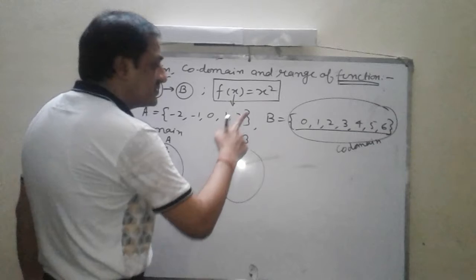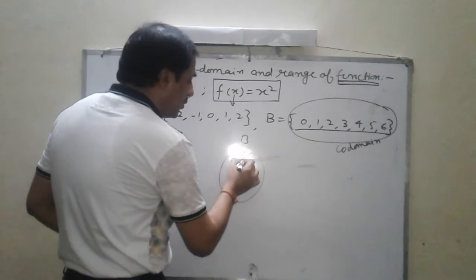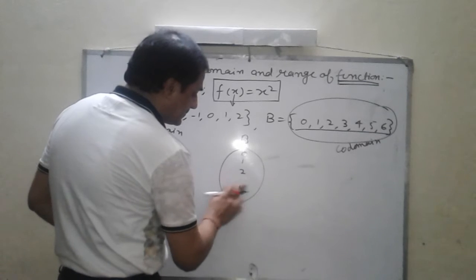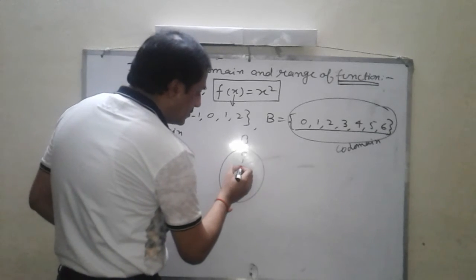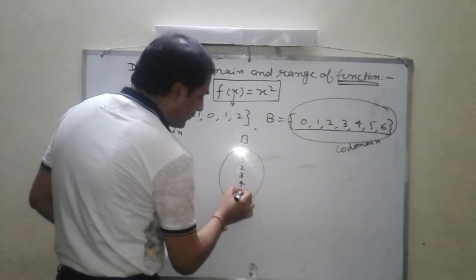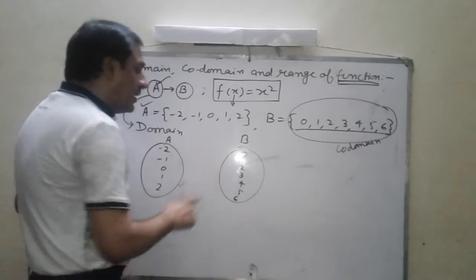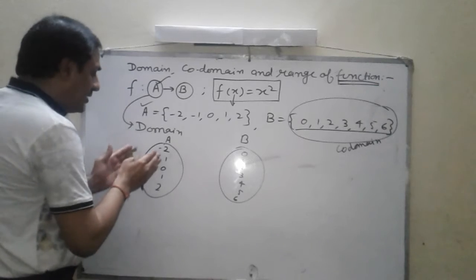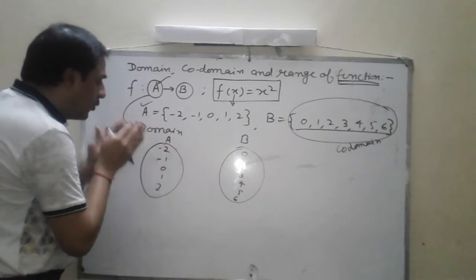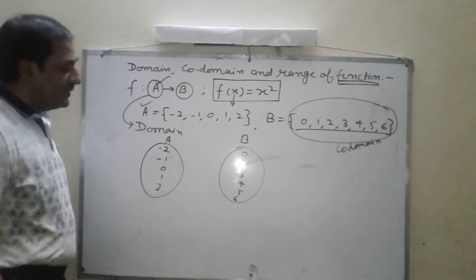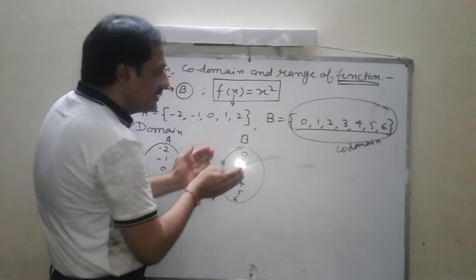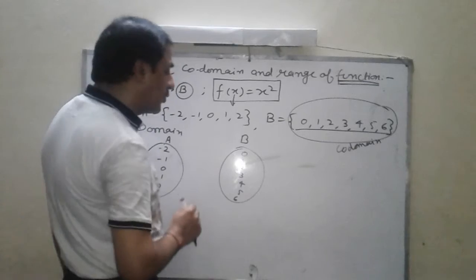And the elements of set B are 0, 1, 2, 3, 4, 5 and 6. According to the definition, all the elements of set A are called the domain of the function, and all the elements of set B are called the codomain.